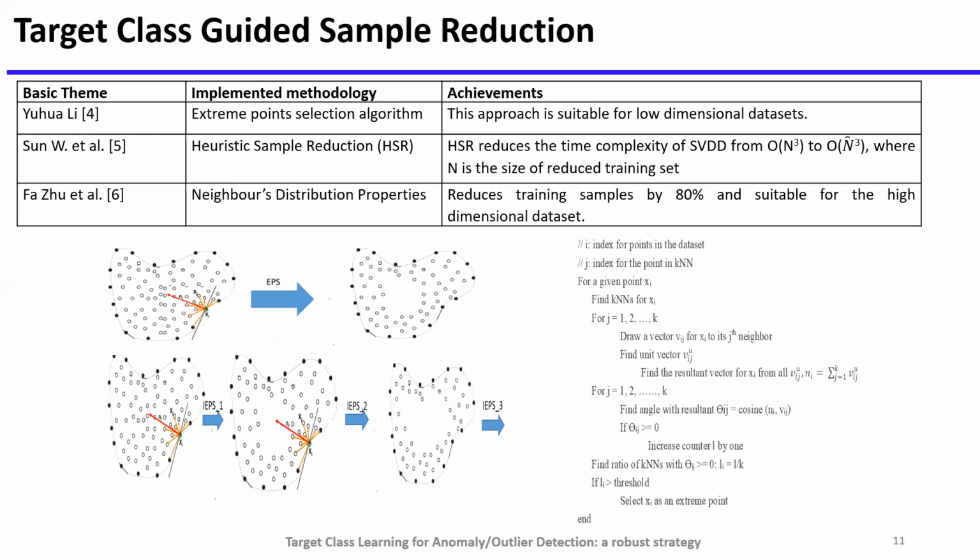So surely it is not deterministic after how many iterations we'll get the most promising extreme points. So these are the possible ways to calculate the extreme boundary points responsible for representing the target class in a better way.